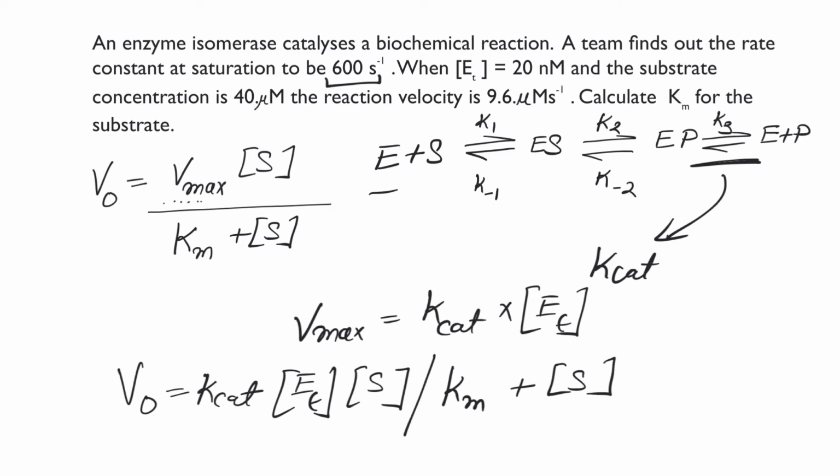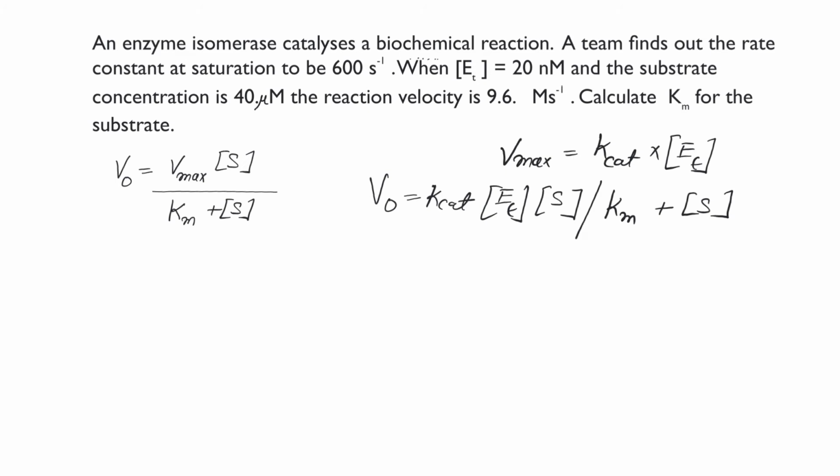Now let us use this equation to solve by filling in the values. So V naught, let's first fill that in. That's 9.6 micro. Let's convert everything into moles, or let's pull the nano and micro out of the words, because we don't want to get confused. Kcat, that's 600 per second, that's okay.